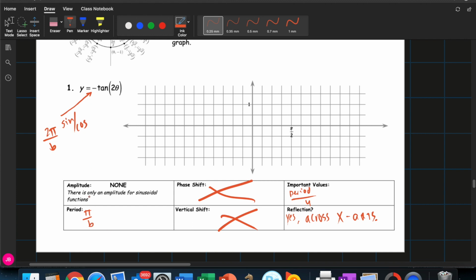And so, ladies and gentlemen, tell me, what is b? It's 2. That theta, guys, is the same thing as an x. It's the same thing as if it were an x.